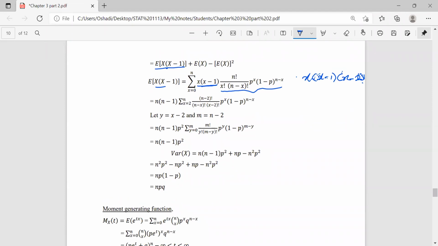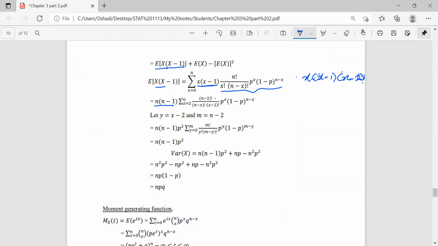So we can cancel out x into (x minus 1). In factorial n, as earlier, we can take n into (n minus 1) out, and the remaining part is (n minus 2) factorial, right?